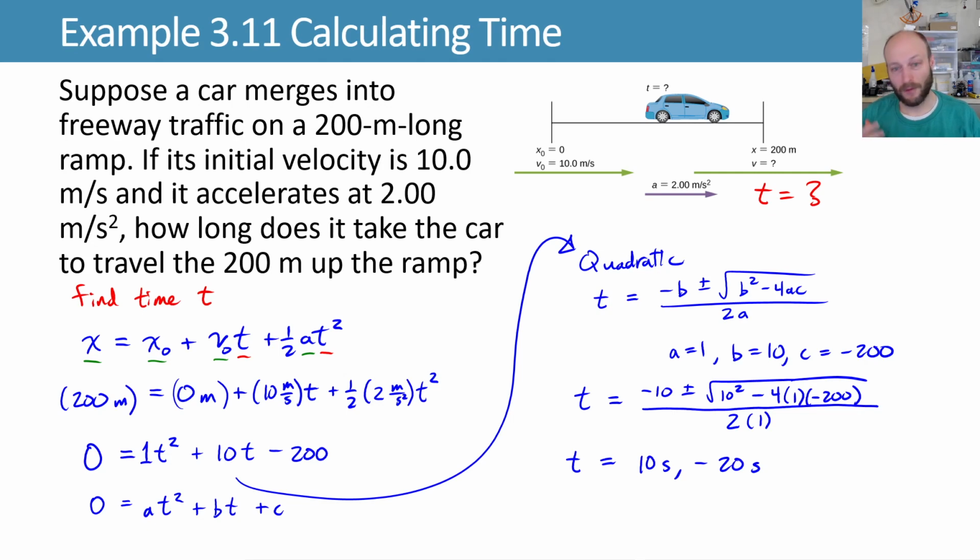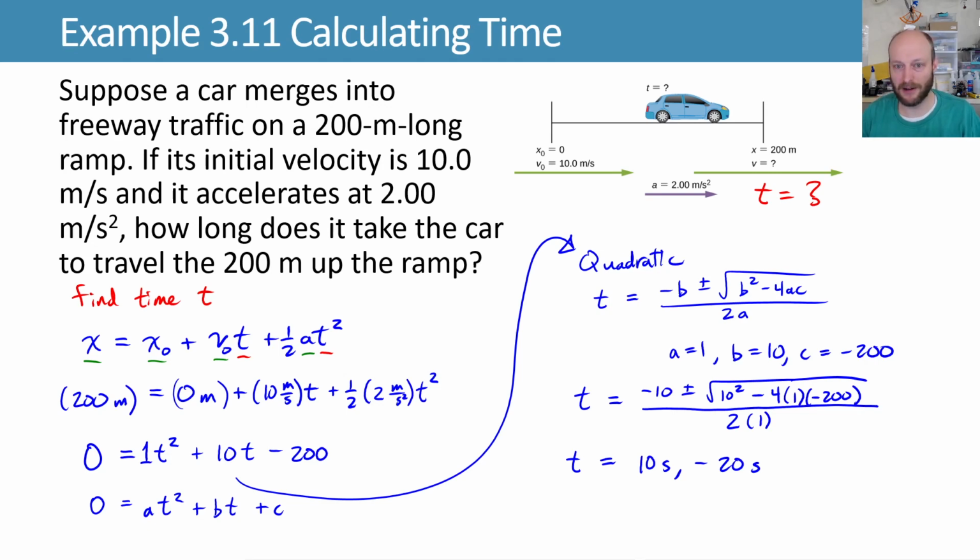So which one is correct? Well, maybe you want to say both. That can't be true. It can't take both amounts of time. Here, you look at how we set up our physical situation, and you see what makes physical sense. Here, it doesn't make sense that you go backwards in time and 20 seconds in the past, we were at the top of the ramp.